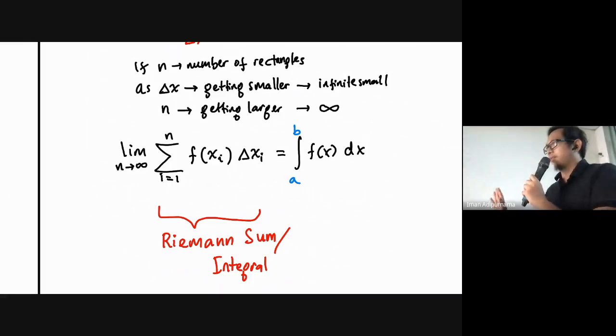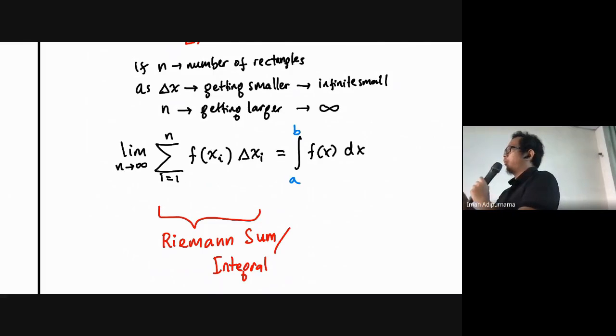In the first part, we learn the approximations, how we approximate the Riemann sum. Basically, in integration, the first part is this left side, where we have approximations.